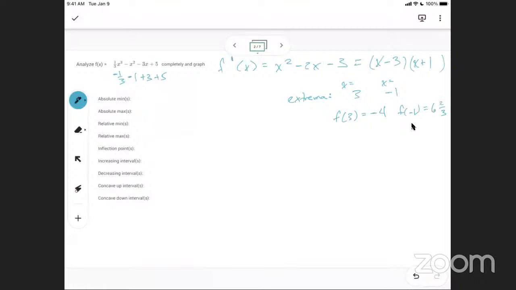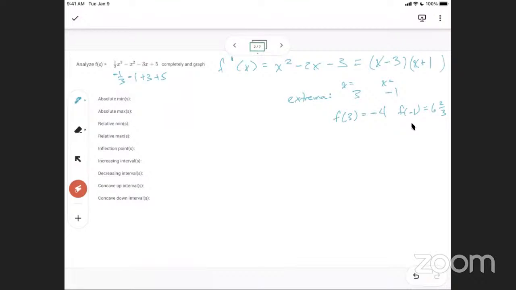I got 8 2/3. So 8 minus 1 is 7, minus another 1/3 is 6 2/3. Oh yeah, right. Did I do that right? Yeah. So those are my absolute.